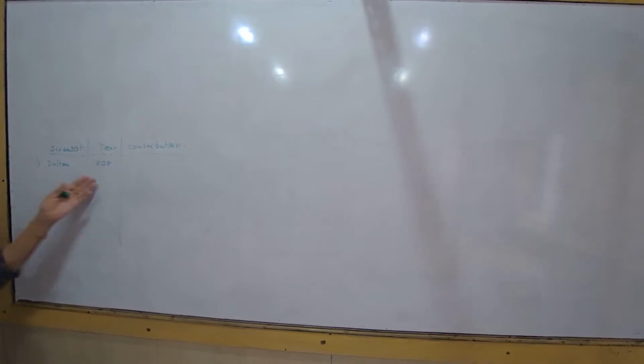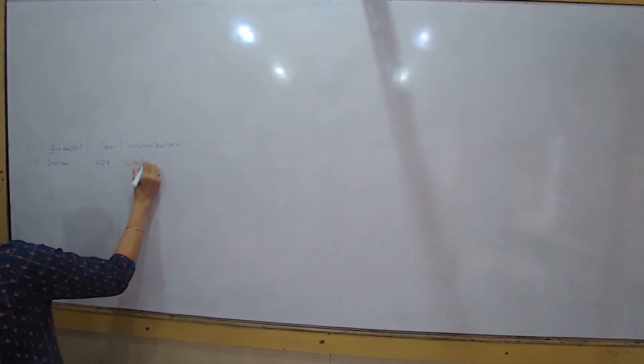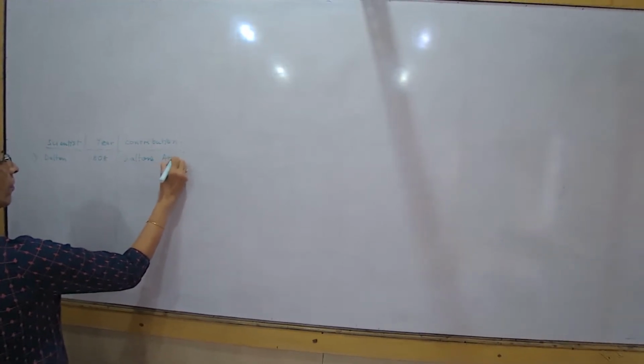He did not get the Nobel Prize. So what was his contribution? Dalton's atomic theory. And we know the postulates of Dalton's atomic theory. This was given on page number 27.